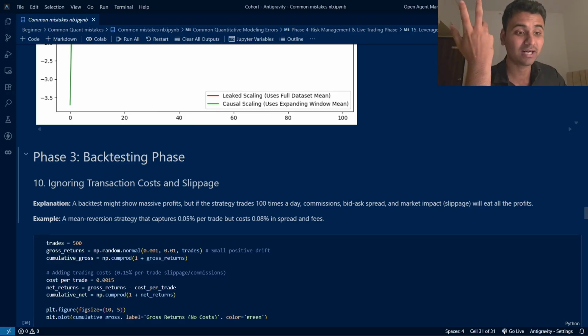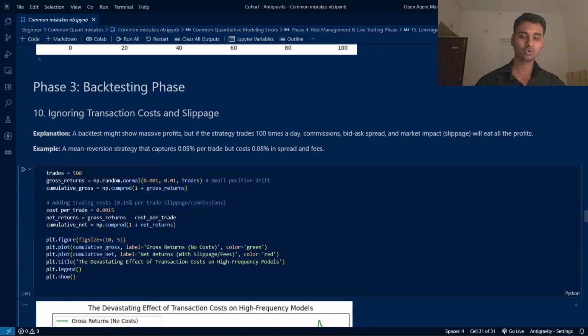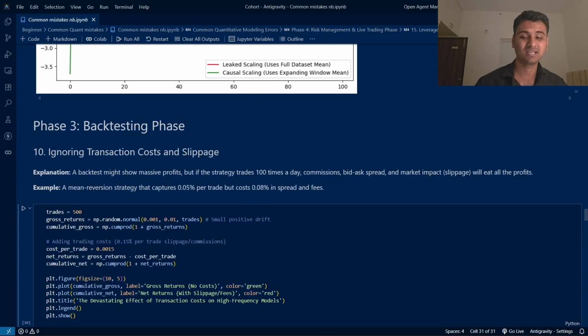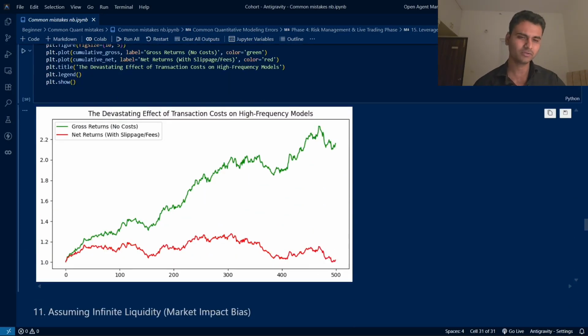If the liquidity dries up, there will be huge slippage, and the bid-ask spread will increase, right? So it especially has a drastic effect on HFTs and lower time frame modeling. As you can see, the gross return with no cost will look brilliant on paper, but once you include costs, the net returns will be barely profitable.